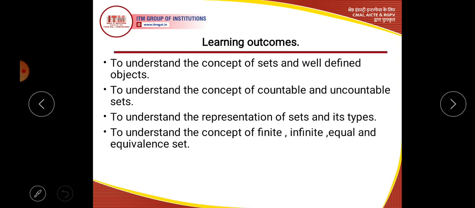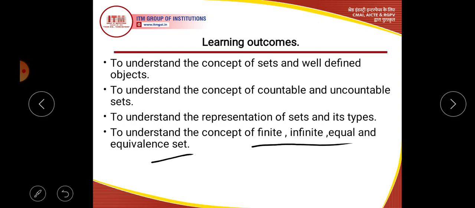Apart from that, we also understood the representation of set and its types. Sets have different types: equal set, infinite set, equivalent set, and two types of representation.